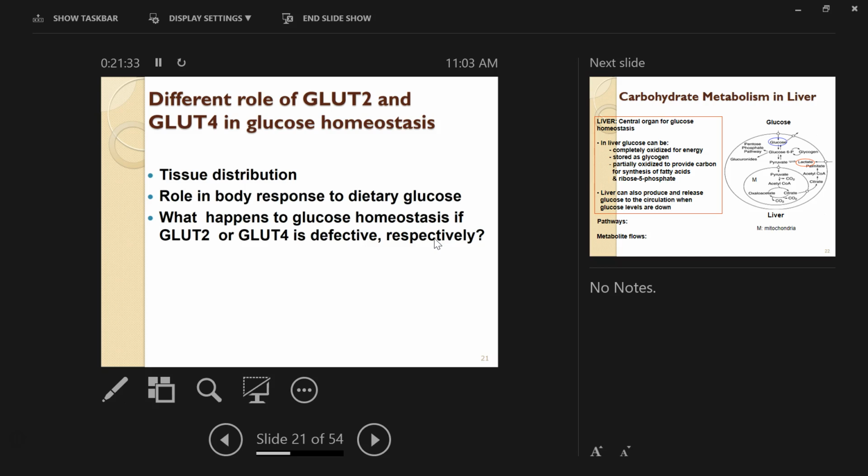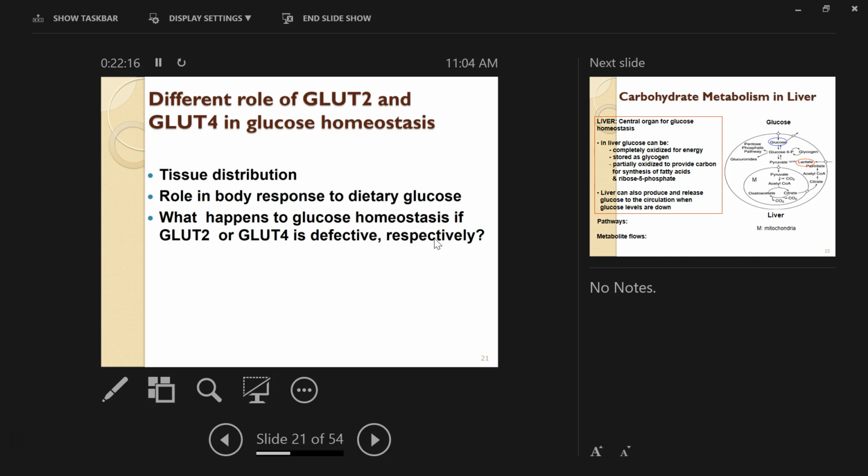Okay, so what about GLUT4? I think Teresa, you already addressed that, right? GLUT4 expression level is related to type 2 diabetes. Type 2 diabetes usually, particularly in the fat cells, have lower levels of GLUT4 expression, and also less translocation of GLUT4. So GLUT4 defects can cause decreased transport of glucose into muscle and fat cells.